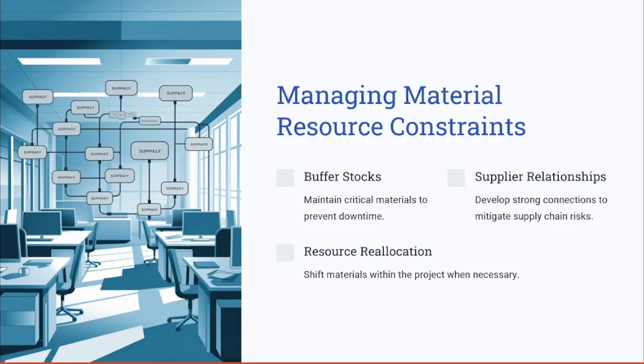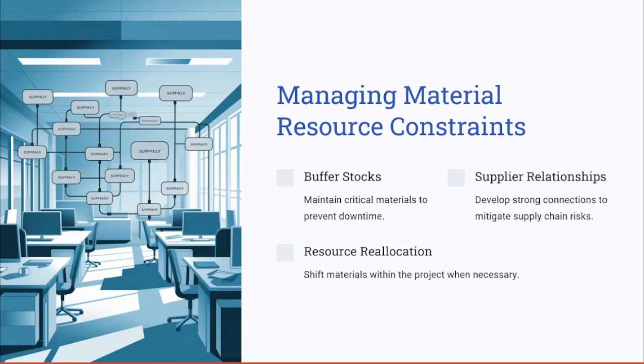When it comes to managing the material resources, on the previous slide we discussed the human resources. Now let's see managing the material resource constraints. Material resource constraints can disrupt the execution if not managed effectively. Maintaining a buffer stock or contingency reserve for critical items can prevent downtime.